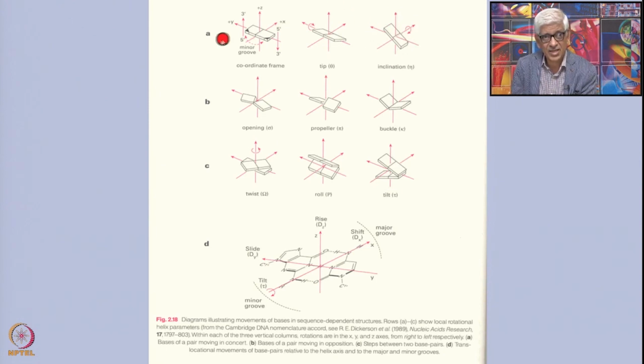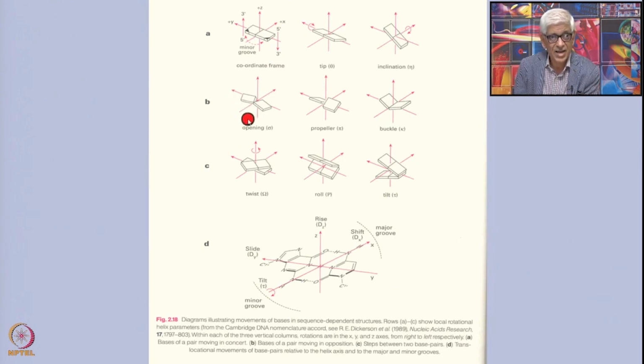So therefore you can describe the orientation of this base pair using this one particular parameter, for when they are all parallel. Now, whether they are all exactly in the same plane like this, or there is a small opening here, okay.